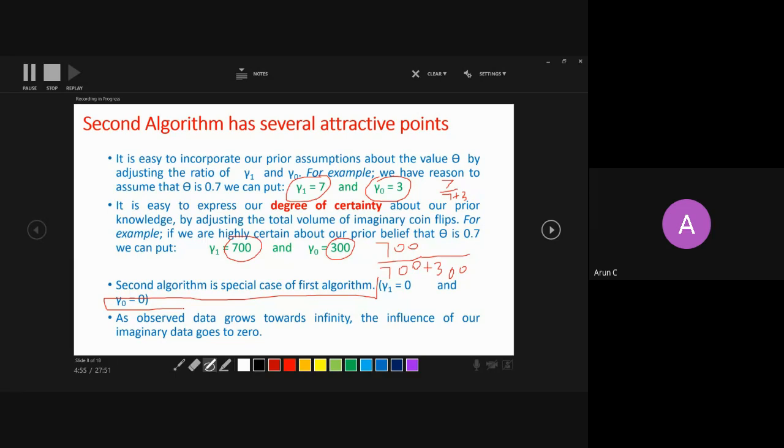You may be thinking right now that if you have a wrong belief, that will change the situation. But if you have an infinite number of experiments, it means you keep on doing it forever. Your wrong belief will not change your true estimation, right?